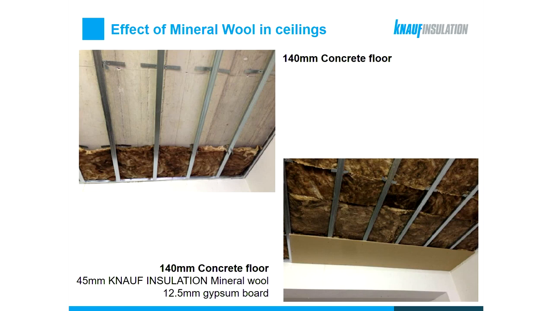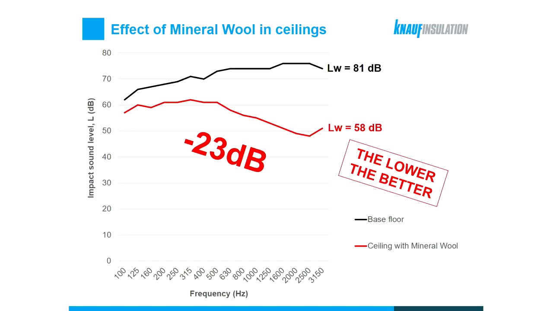So a 45 mm Knauf Insulation mineral wool is added below the basic 140 mm concrete floor, and the ceiling is closed with a single board of a standard 12.5 mm gypsum. And here is the comparison of impact sound level for these two constructions, before and after the installation of the ceiling with the mineral wool.